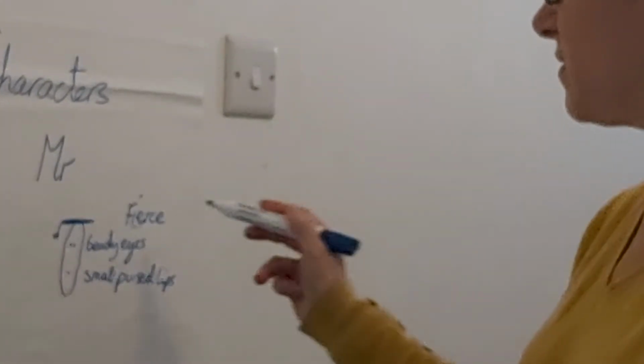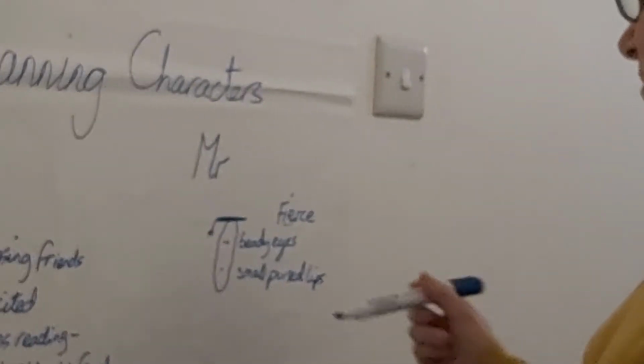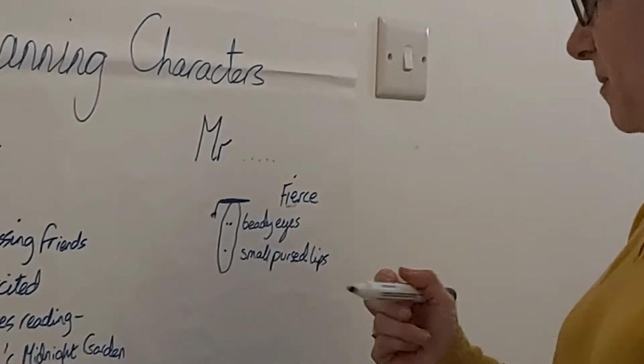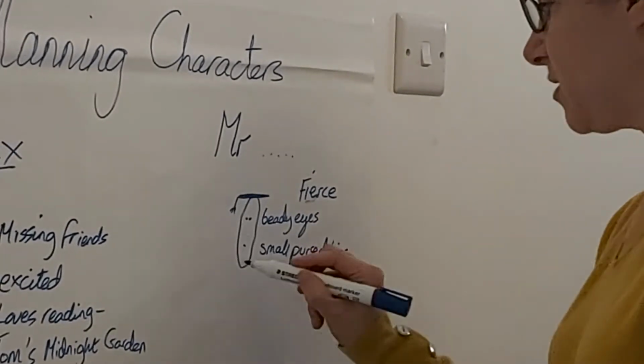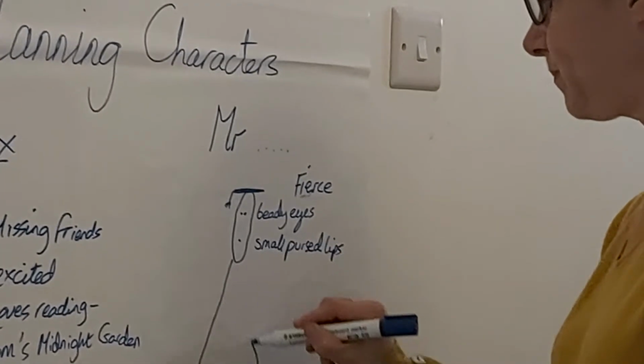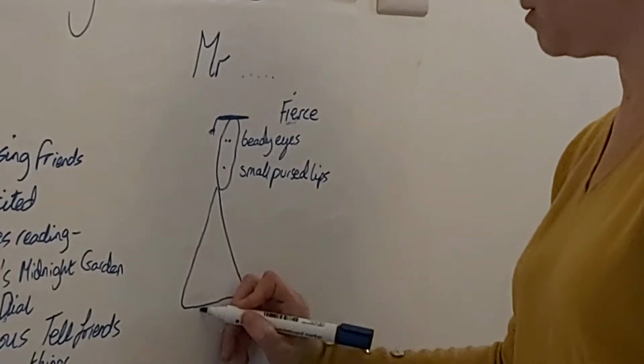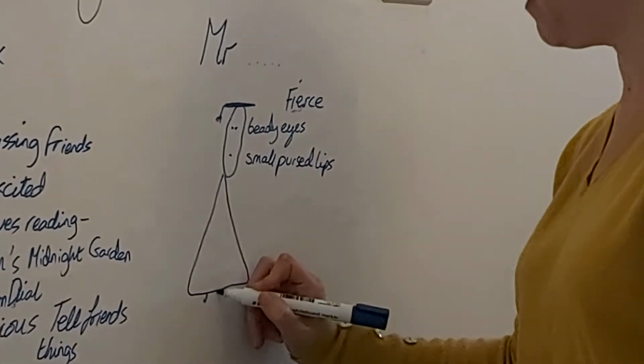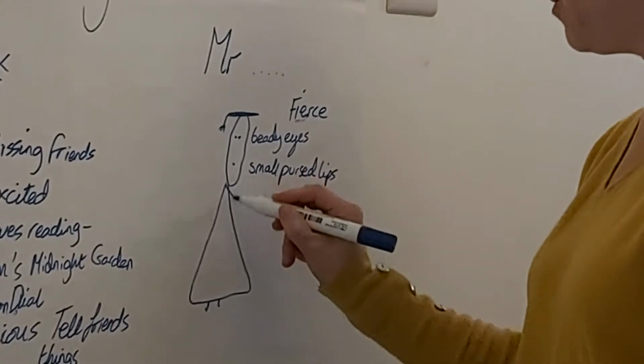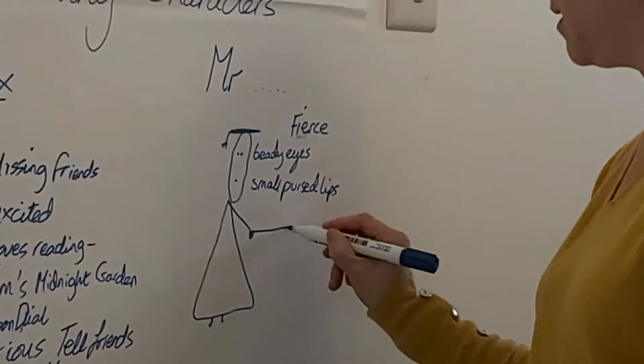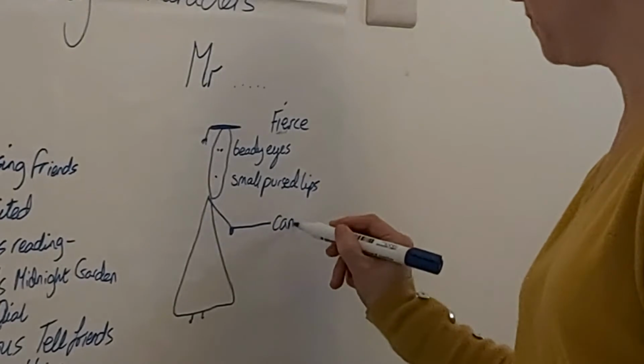He's fierce, but rather than saying he is fierce, I'm going to show he's fierce by the way he looks. He's going to wear a big gown, like they used to in the olden days, in their strict Victorian schools. And of course, he's going to be holding a cane.